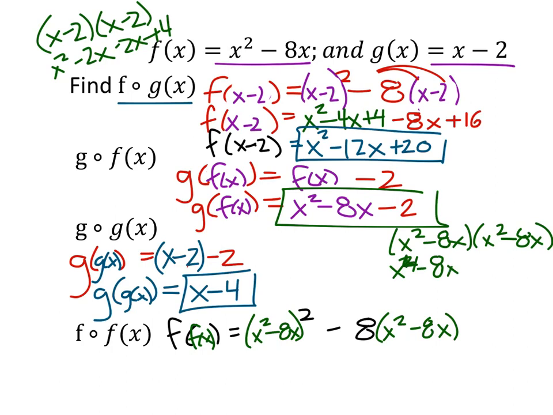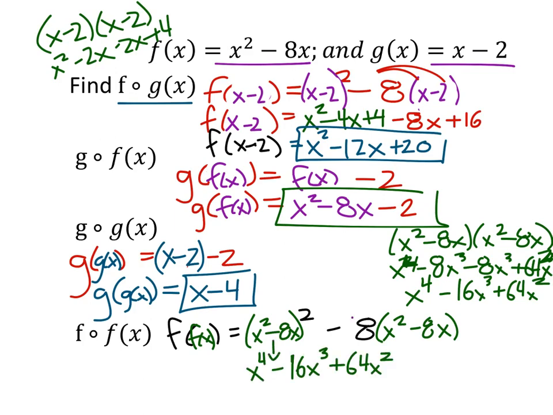So x squared times x squared is x to the fourth, minus 8x cubed, minus another 8x cubed, plus 64x squared. And just combining those like terms, I got x to the fourth minus 16x cubed plus the 64x squared. So that was this portion of it.